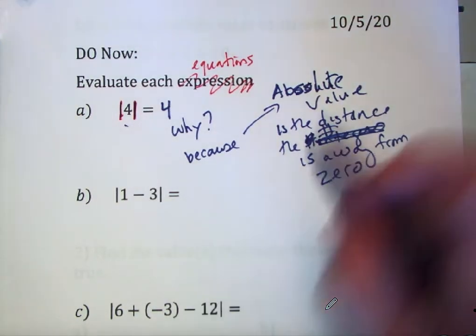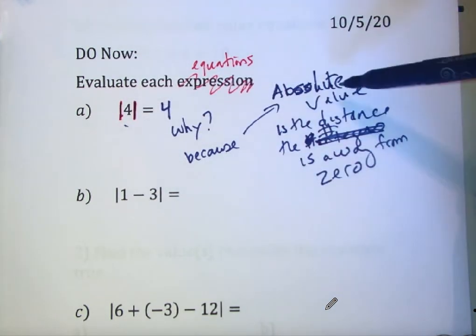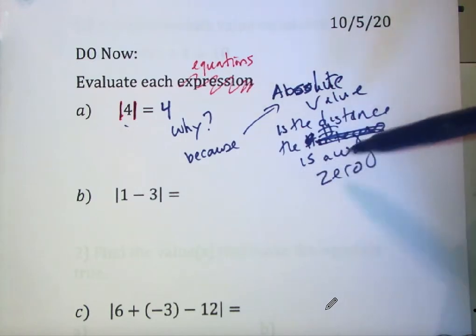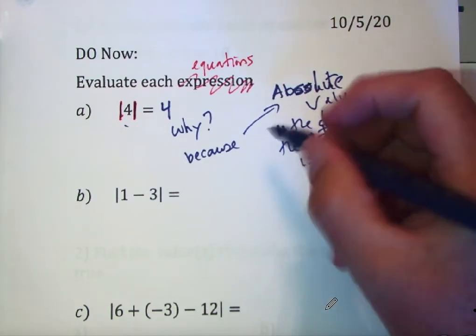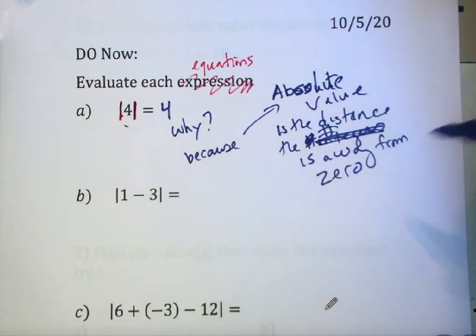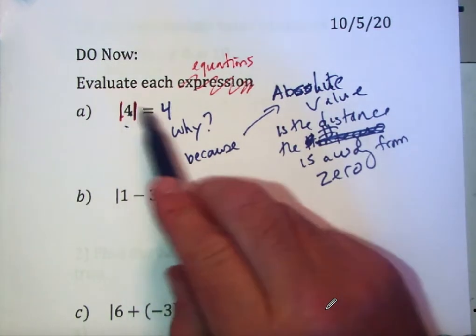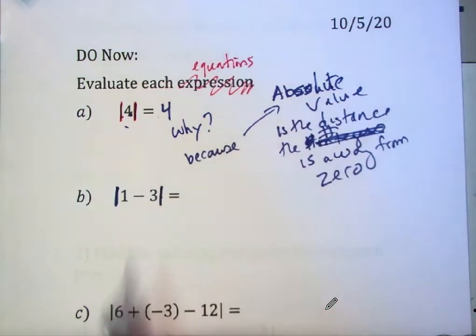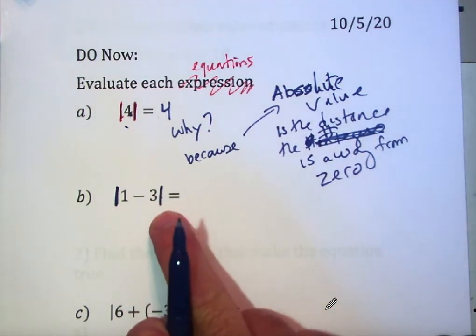We created a symbol, gave it a name, absolute value, and absolute value is the distance that the number is away from 0. So how far is 4 away from 0? It's 4.